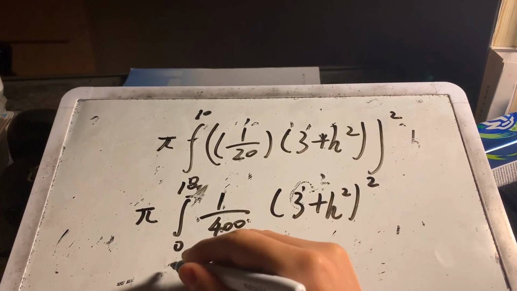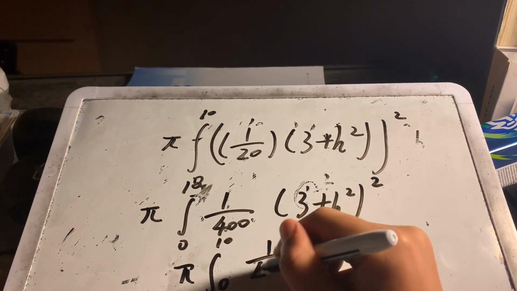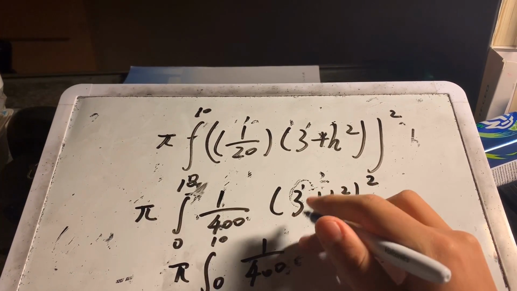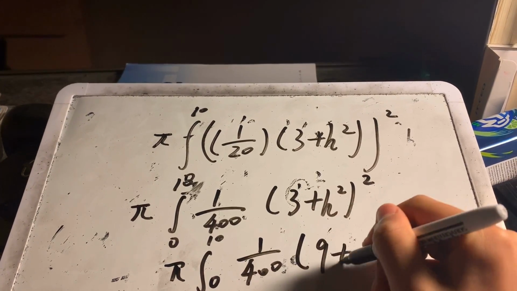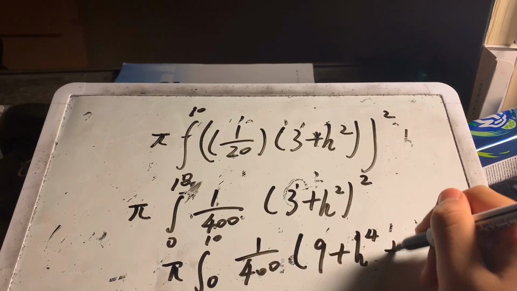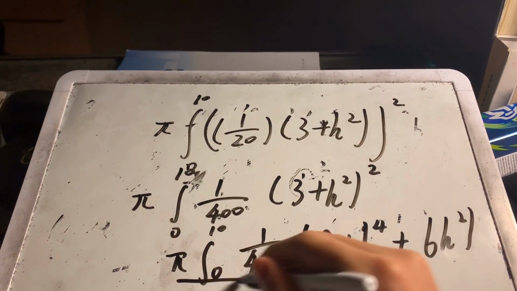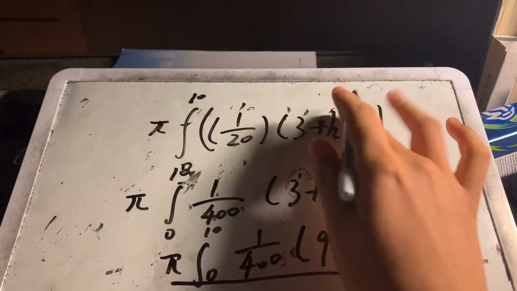And in this case, it will look like this. 400, 9 plus h to the power of 4 plus 6 to the power, yes. So this will be the current equation we get.